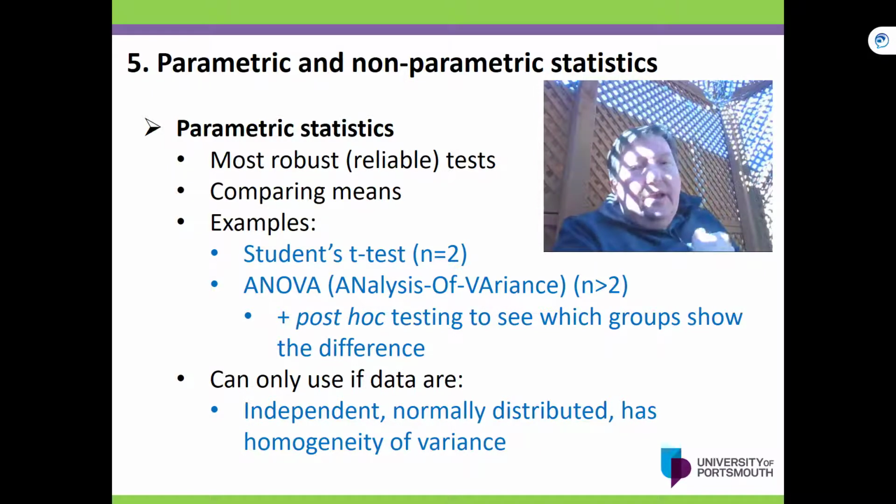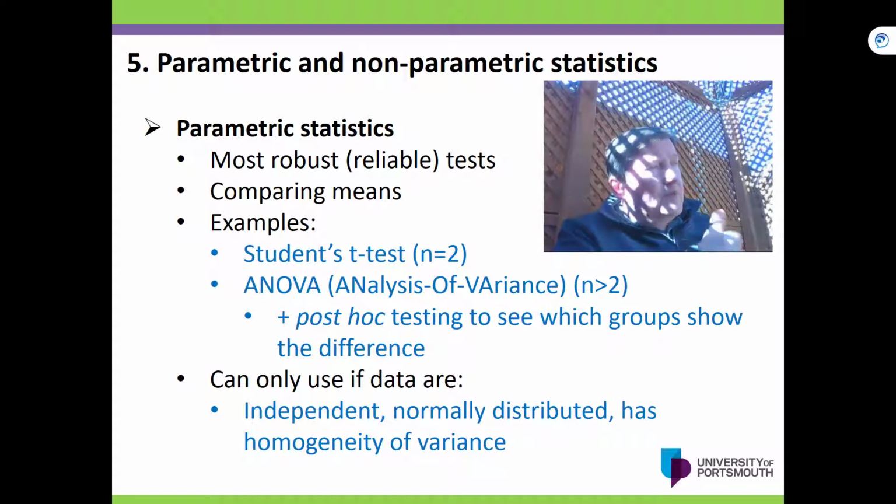But the thing is, you can only use parametric statistics if the data are independent, they are normally distributed, and they have homogeneity of variance. And quite often in research papers, etc., you see parametric statistics being used, in other words, a t-test or an ANOVA, when the data is clearly not normally distributed.